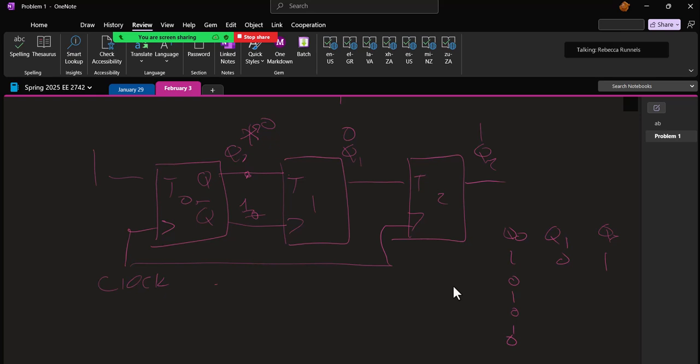So I guess that's always going to happen. So I think I drew another circuit that doesn't ever change.